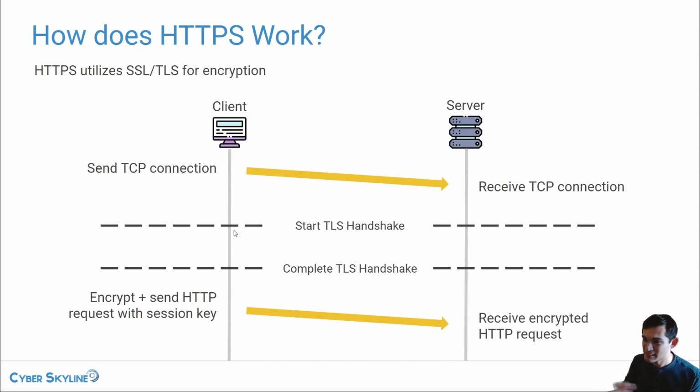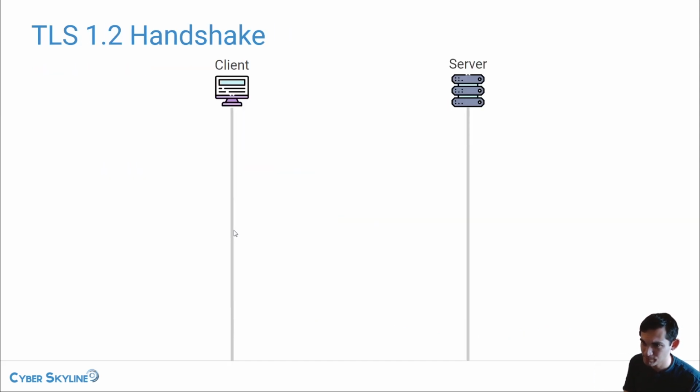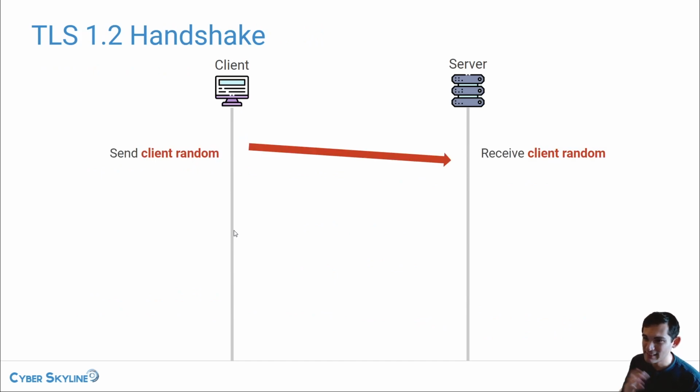A TCP connection has already been established before this; that's a prerequisite. So the TCP connection has been established. What's going to happen is the client is going to send something called a client random. This is a series of random characters that will eventually be used for the encryption.